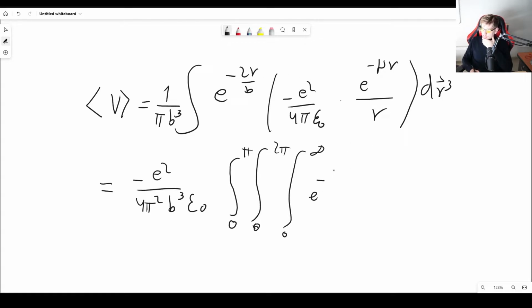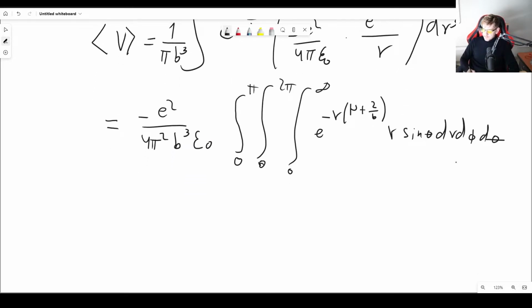So e to the minus r times the factor of mu plus 2 over b. And then we get r squared over r, which is simply going to be r, and sine theta dr d phi d theta.